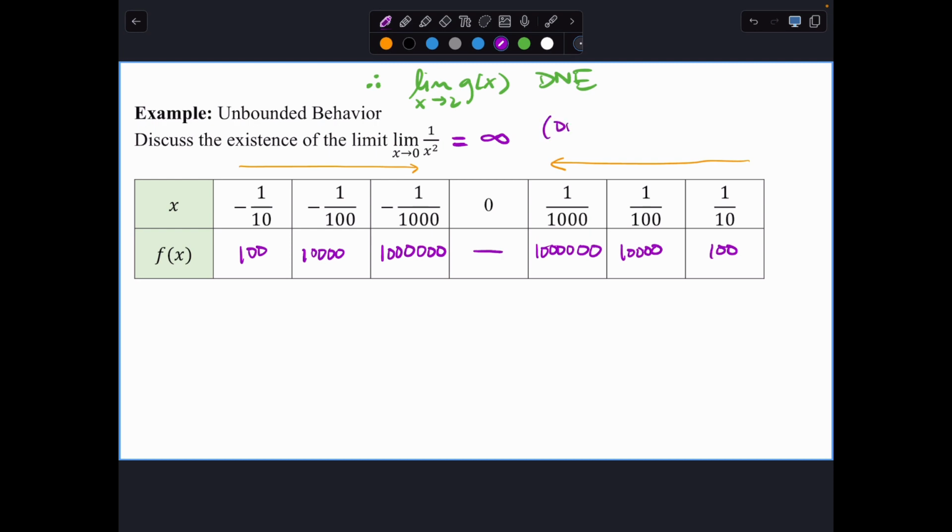Okay, so DNE, and it's because the function is increasing without bound.